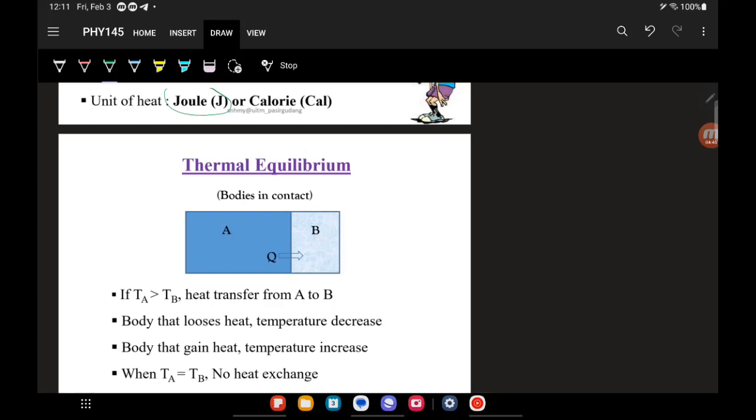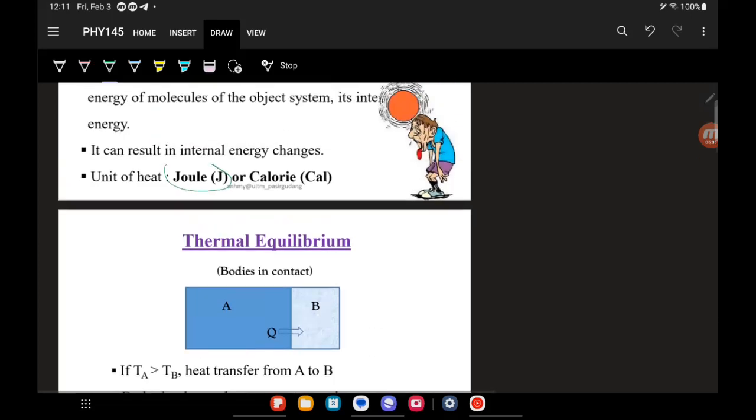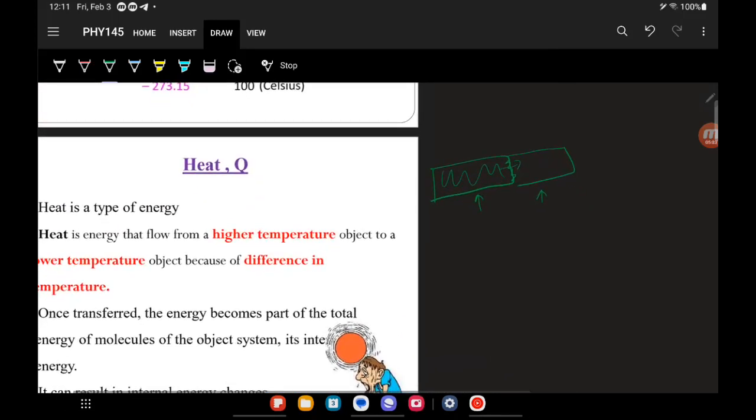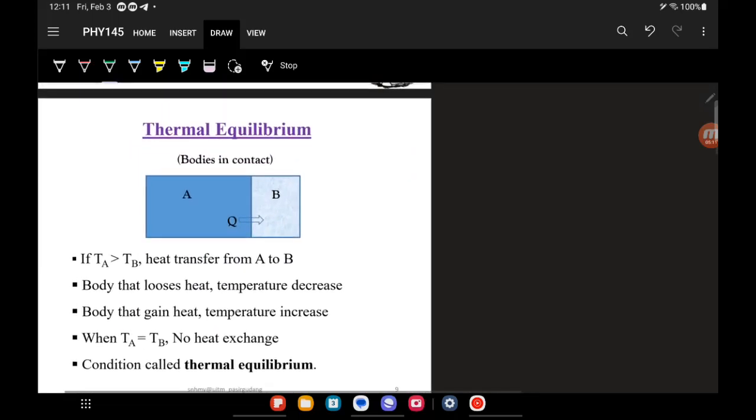Okay, as I mentioned before, the heat will always continue flowing from the hot object to the cold object, but that flow, as already explained just now, is going to stop as soon as both of them reach what we call an equivalent hotness, where in this case we call it thermal equilibrium.